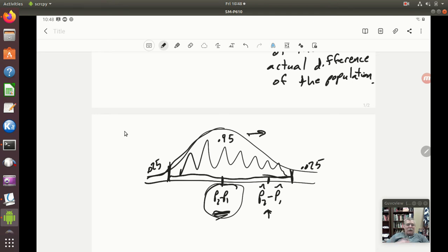So if I've got an interval, I don't know what the right answer is, but in some way I've got this 95% confidence that I kind of know about where it is. I can draw that confidence interval around it.